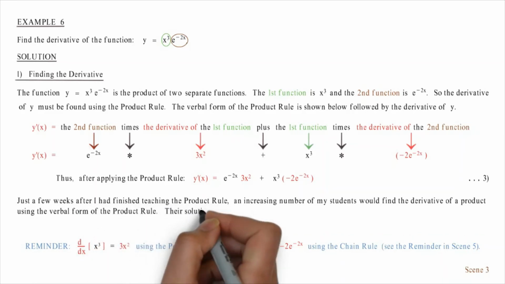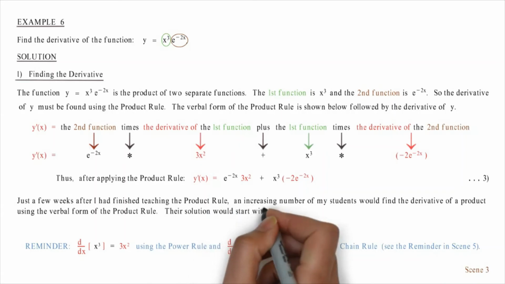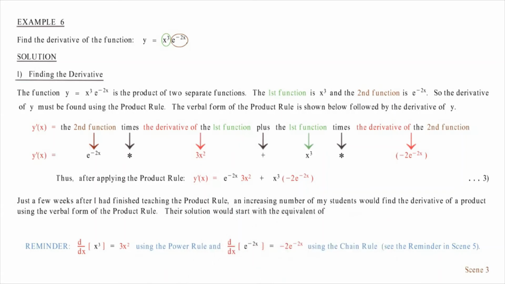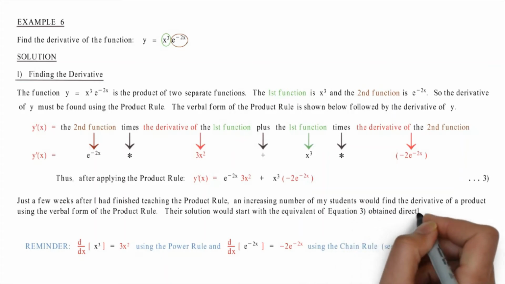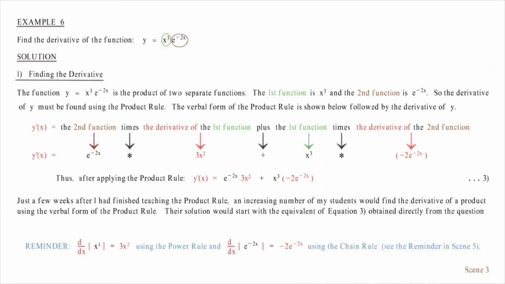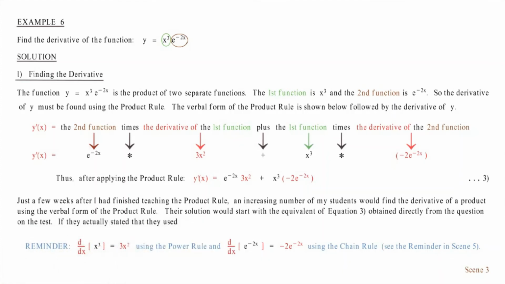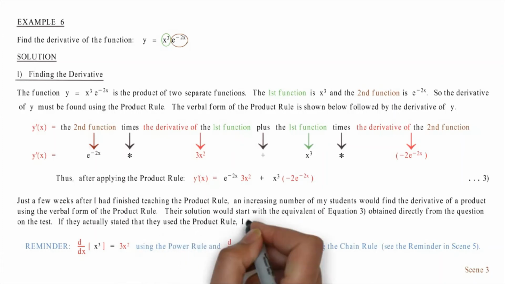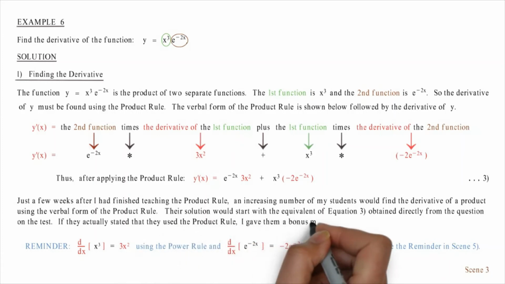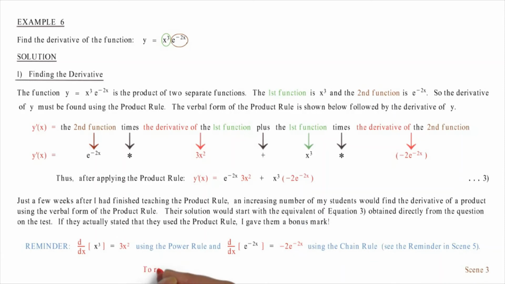Their solution would start with the equivalent of equation 3 obtained directly from the question on the test. If they actually stated that they used the product rule, I gave them a bonus mark. To review the above working, you should pause this video now.